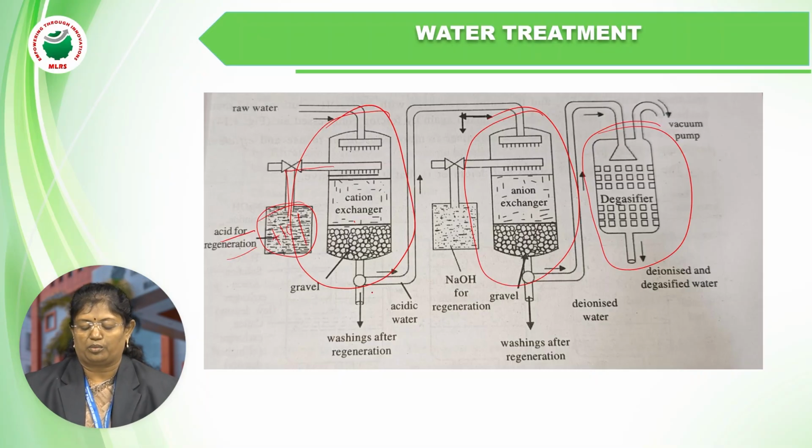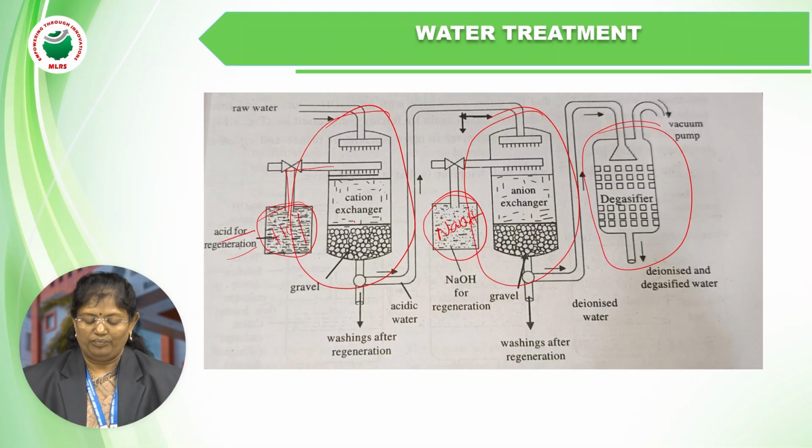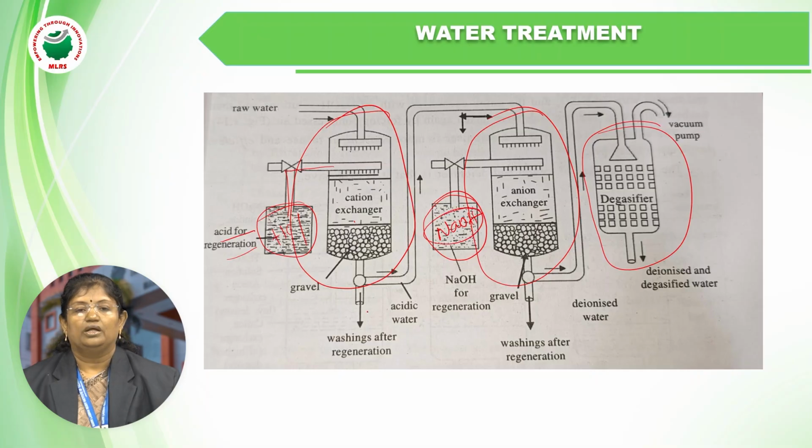The anion exchanger is also connected to another chamber filled with sodium hydroxide. So the cation exchanger is connected to a chamber of HCl and the anion exchanger to a chamber filled with NaOH. The role of these two chambers we will discuss in the next slides.